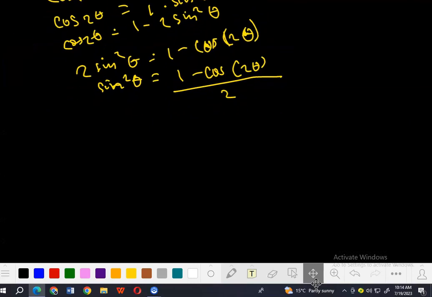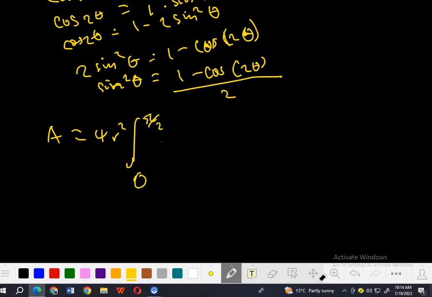Our original equation is that the area is equal to 4 r squared, the integral from 0 to pi over 2 of 1 minus cos 2 theta, all divided by 2, d theta.